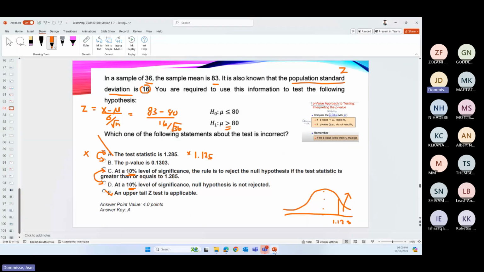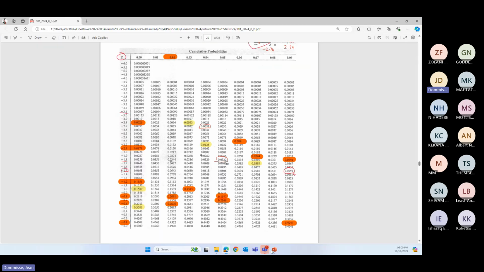So that will be 1.13 if we round it off, or we can check between 1.12 and 1.13. So it will be interesting if they add those two together and divide by 2. So let's look at 0.1314 plus 0.1292.